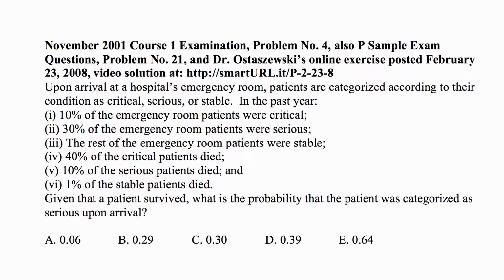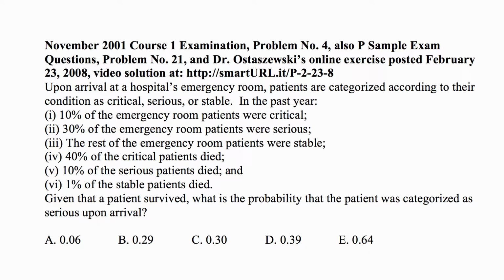So one very important thing to notice immediately in this problem is that we are given the probability of a patient dying given that the patient was critical, dying given that the patient was serious, and dying given that the patient was stable. But of course, 1 minus the probability of dying is the probability of the patient surviving, so we also are given the probability of surviving given that the patient was critical.